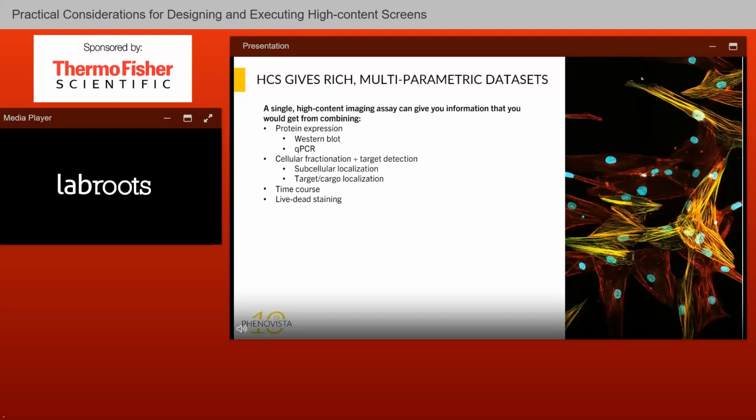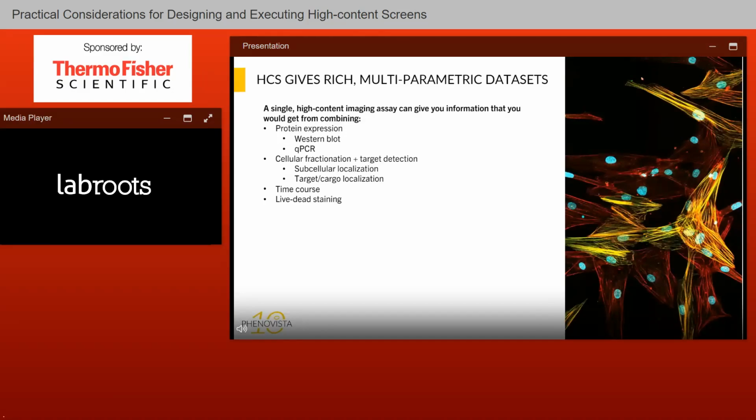But really, being able to combine some of the commonly used traditional methods like Western blots and ELISAs to quantify the amount of a protein that might be in a population of cells, you get that with imaging.